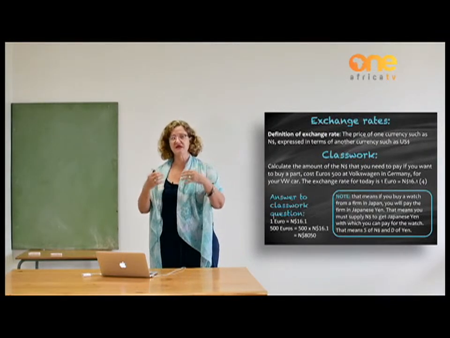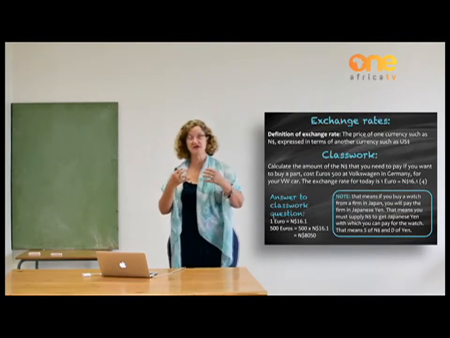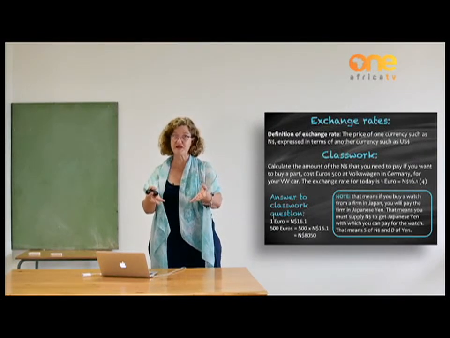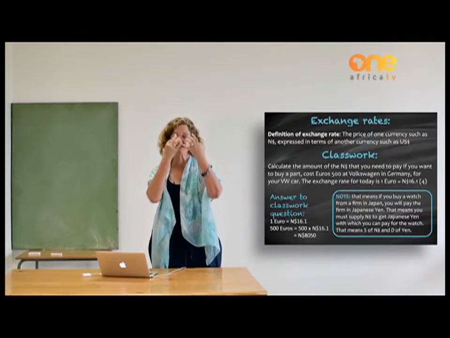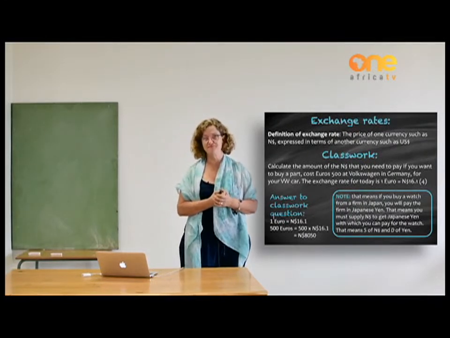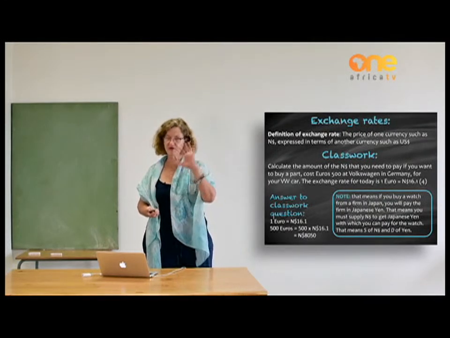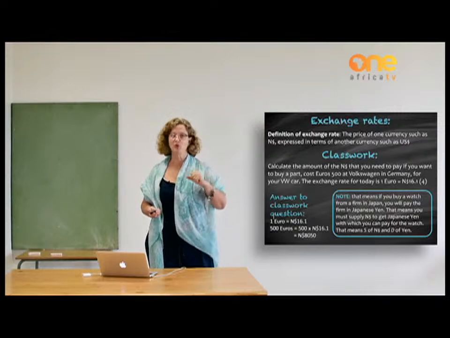So for Germany, I offer Namibian dollars, and that is the question I ask you. How many Namibian dollars must you offer on the money market to get euros? And then you use those euros to pay them. So that is important that you realize. You can't buy from Japan and pay in Namibian dollars, that company from which you bought the watch. You must pay them in yen.